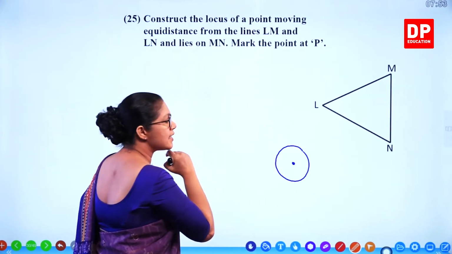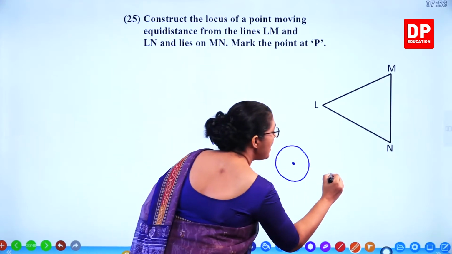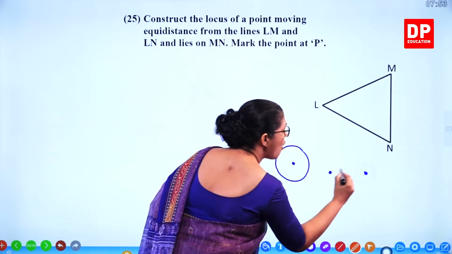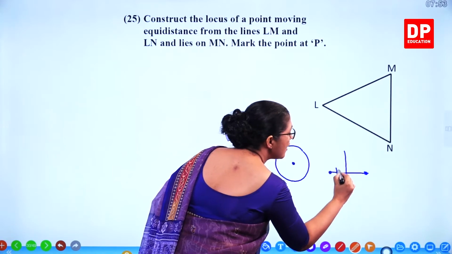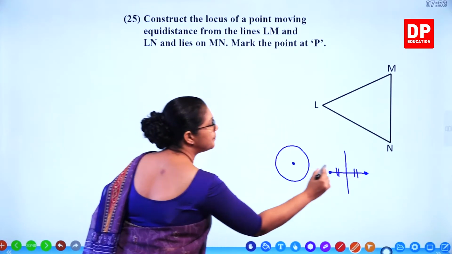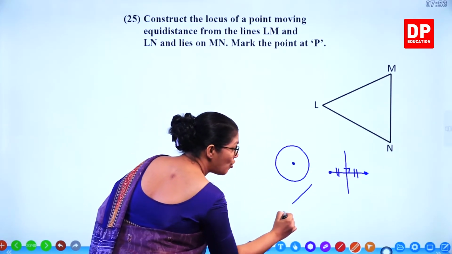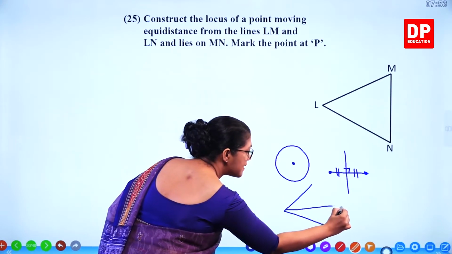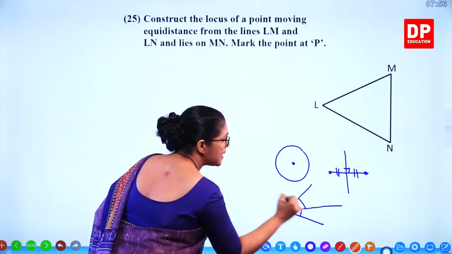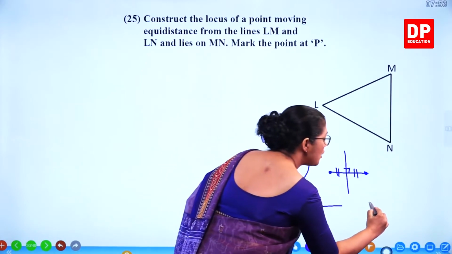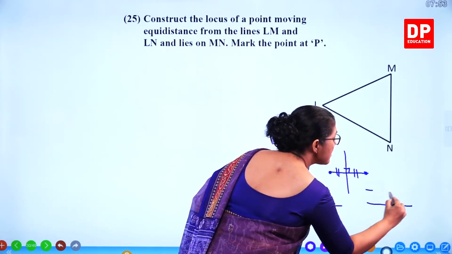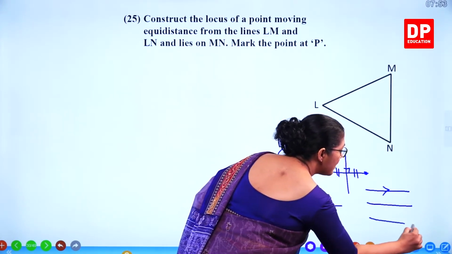Equidistance from a point, that's a circle. And then equidistance from 2 points, that's a perpendicular bisector. And then equidistance from 2 lines, that's the angle bisector. And the last one, equidistance from a line, 2 parallel lines.